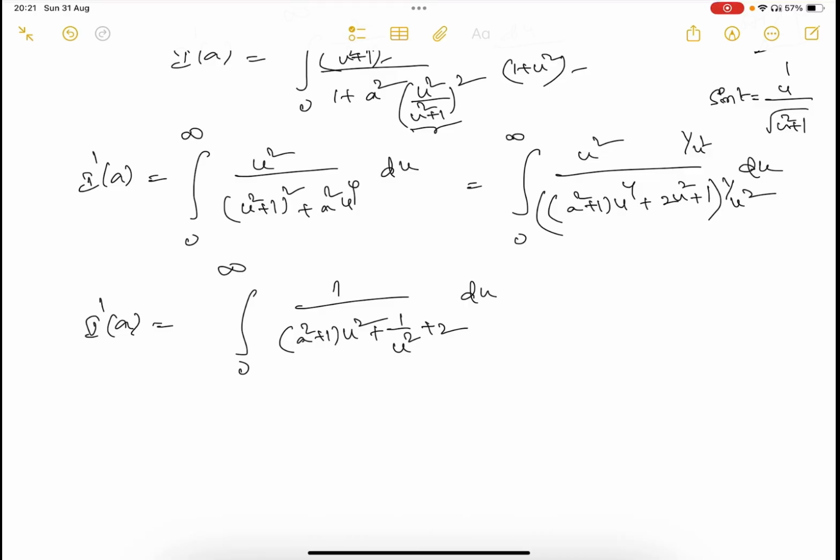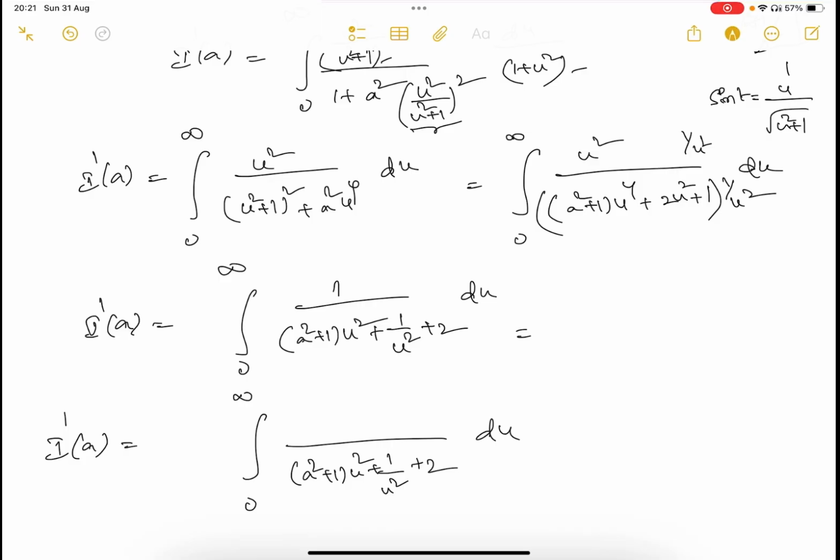Let's make some simplifications here. Here, let's write in the next step. I dash of a equal to integral 0 to infinity. You can write the numerator as a square plus 1 u square plus 1 by u square plus 2 into du, right?